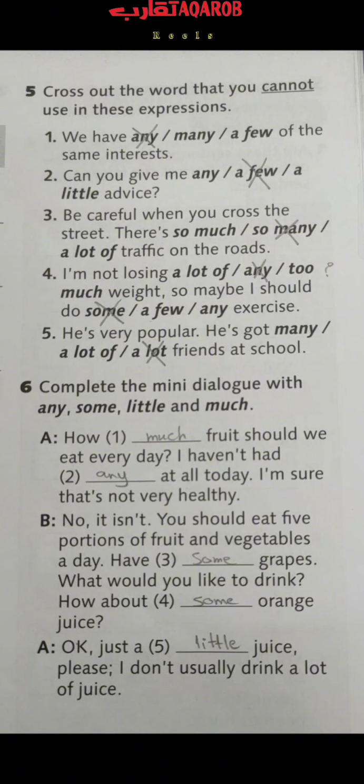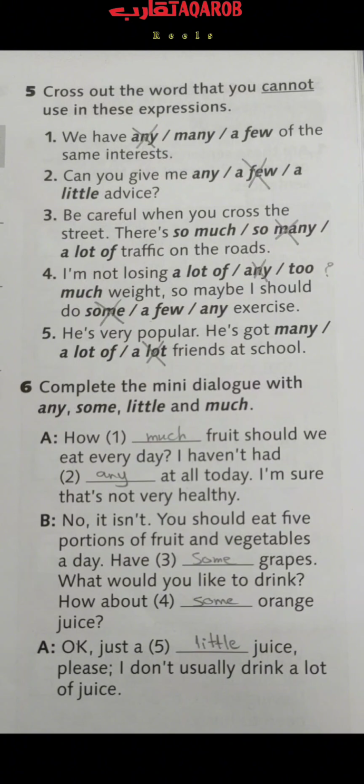So, number 1. We have any, many, a few of the same interests. So we look at the noun, which is interests. Cross out the word that you cannot use in these sentences, not that you can use, but you cannot use.